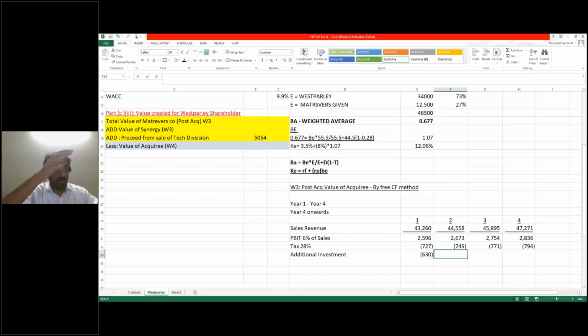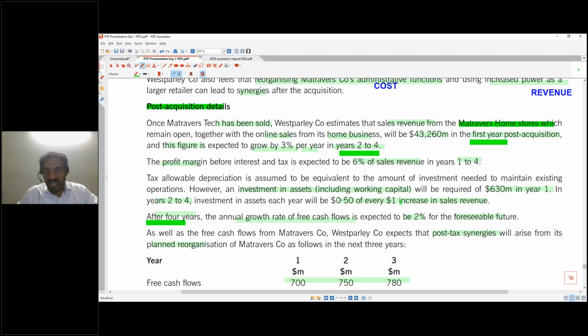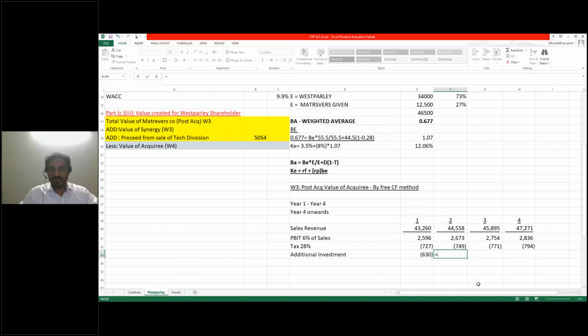Number 2 is equal to, what's the requirement here? $50 for every $1 increase. F29 minus E29 multiplied by 0.5.